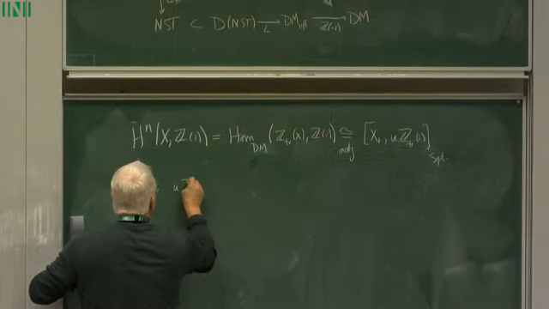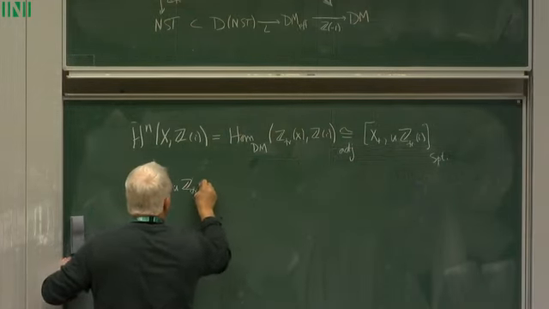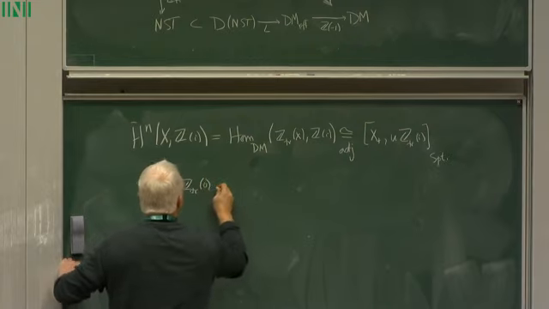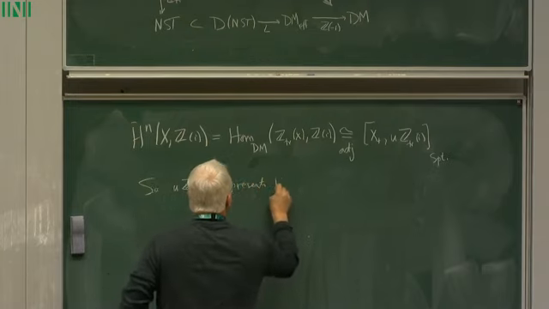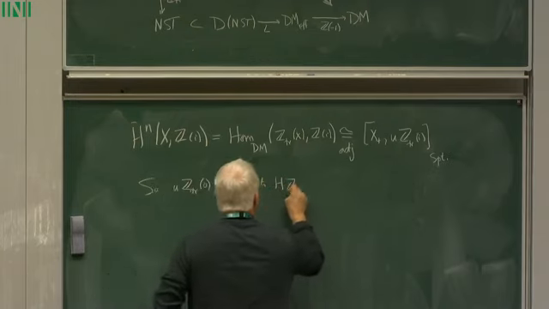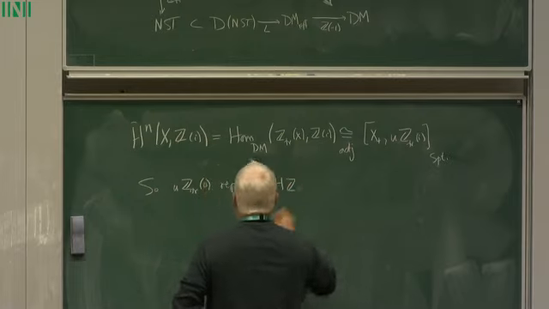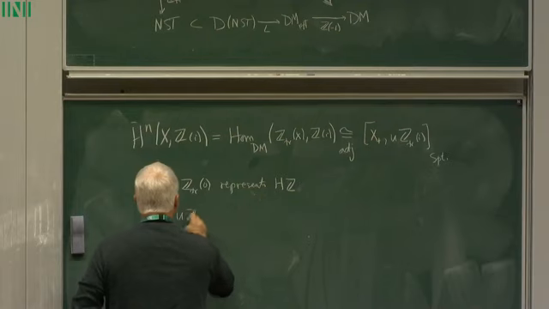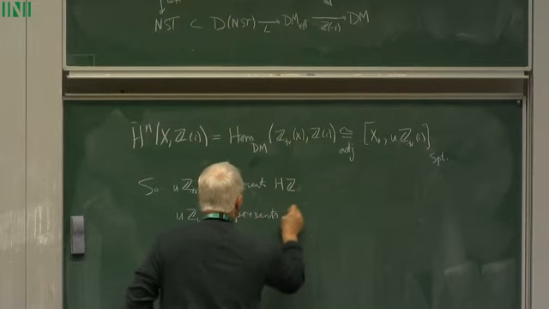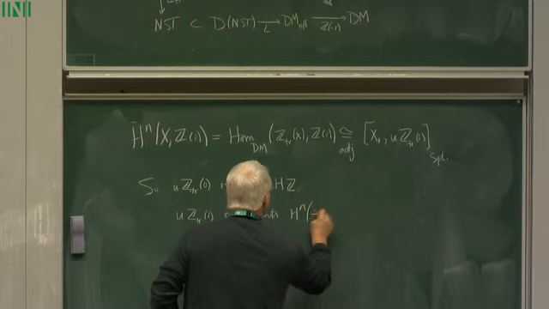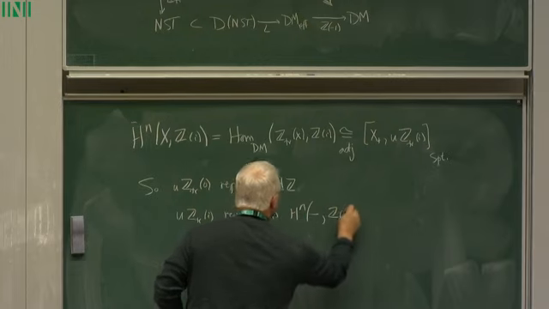So U of Z transfers of parentheses 0 represents HZ. And if I take U of Z transfers of i, it represents H^n with Z(i) coefficients.